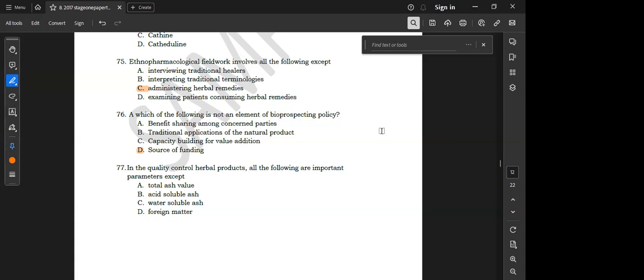Monograph guidelines: botanical and sensory evaluation, foreign matter should be free from if possible, and microscopy. For physical and chemical tests, there's TLC, ash, total ash, acid insoluble and water insoluble, extractive matter in hot water, cold water and ethanol, water content and volatile matter, LOD, I don't know what that means, and volatile oil by steam distillation.